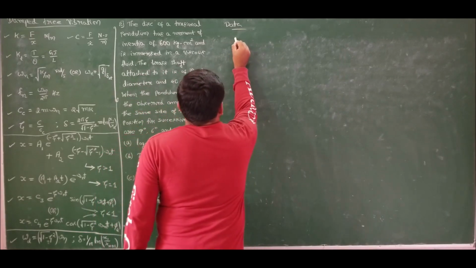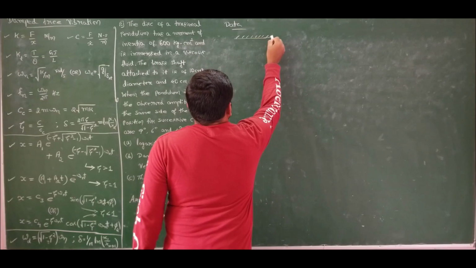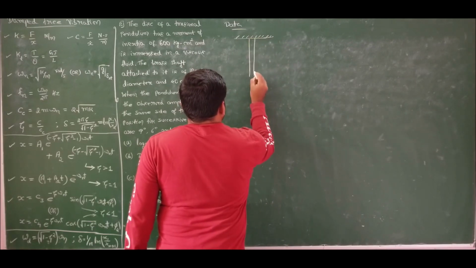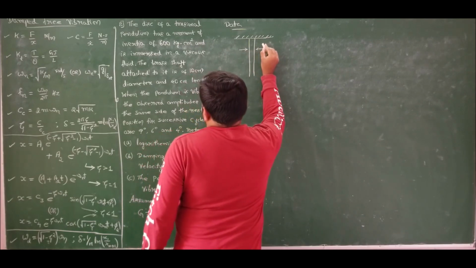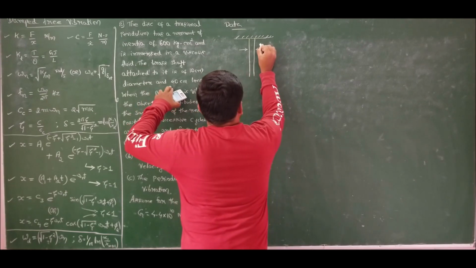it is a torsional pendulum. So let us construct a pendulum. We have the shaft diameter specified, which is 10 cm diameter and 40 cm long.